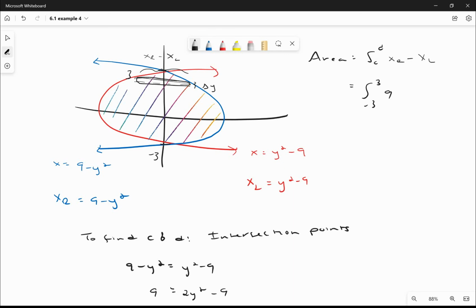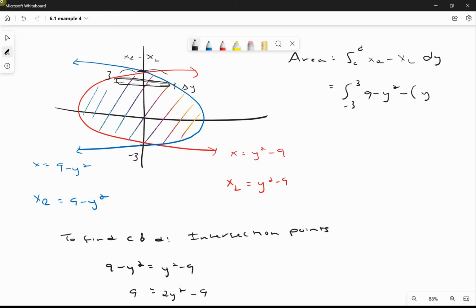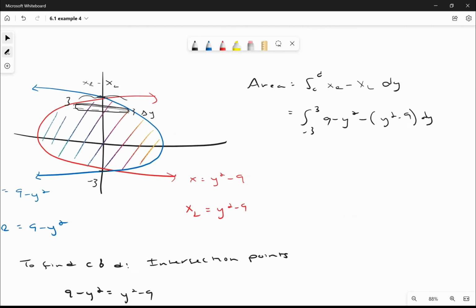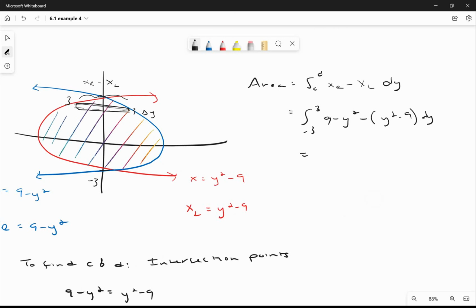All right, so this area is the integral from negative 3 to 3 of 9 minus y squared minus 9, and oh, I forgot to do a dy up here, so 9 minus y squared minus 9 dy. All we do here is first distribute this negative, to get minus y squared plus 9.